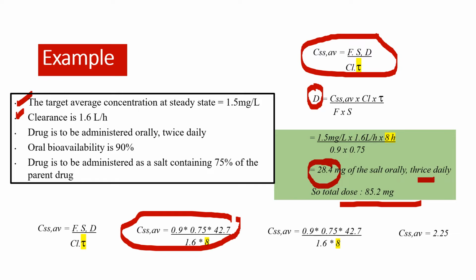then in that case, if we calculate the steady state plasma concentration, it comes to 2.25, which is quite higher as compared to 1.5 milligram per liter. What I'm trying to say is that if we increase the dose in a span of a 24-hour interval, for example 42.7 milligram TDS rather than 42.7 milligram BD, then the steady state plasma concentration will also increase.